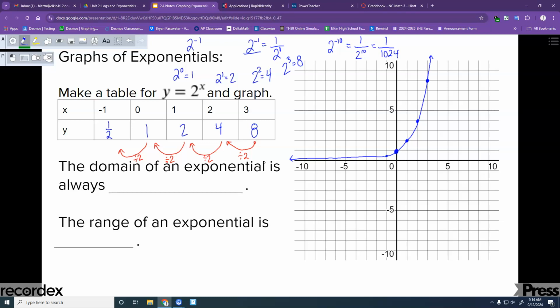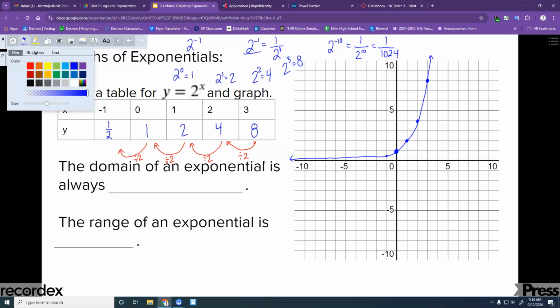You're close, though. Asymptote. Have you ever heard that word before?